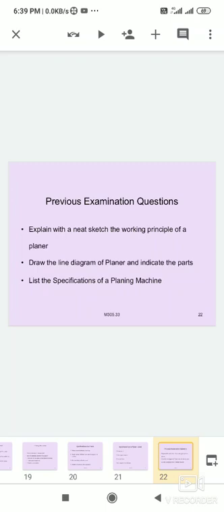And the previous examination questions are very important for diploma examinations, Telangana board examination for end semesters. Sometimes they ask only to draw a sketch of planer machine.